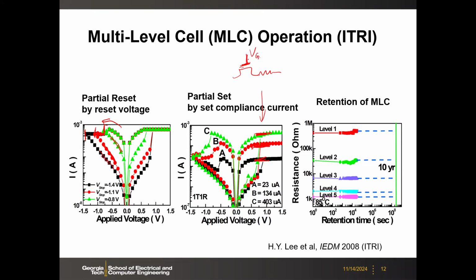Because with a different gate voltage, the transistor's drive current will be different. So the maximum current you're allowed to pass through the transistor will become this compliance current. Therefore, by changing the gate voltage of the transistor, you change the compliance current, and you will get different resistance levels of this RRAM device.